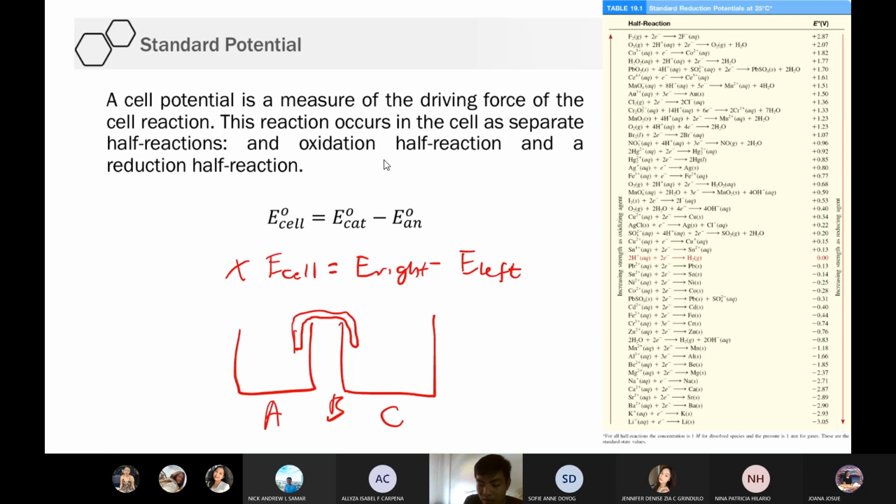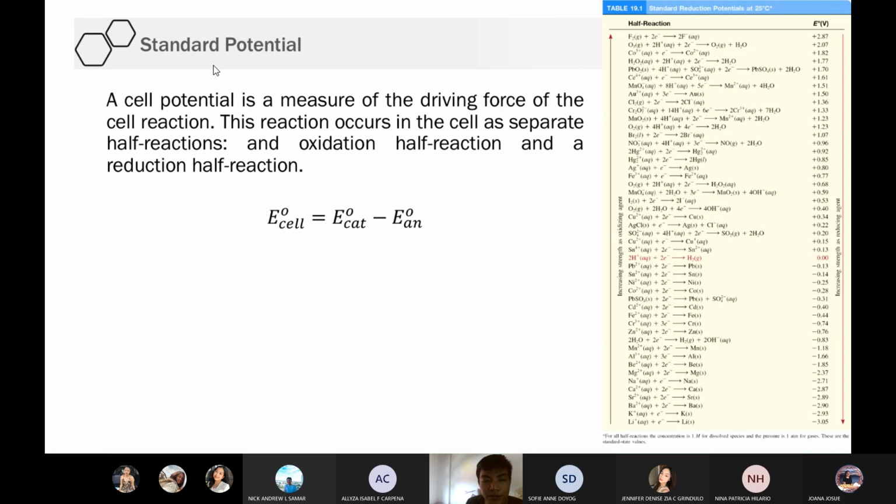Baka kasi mamaya, yung right pala, anode yun. Yung left, cathode. So, baka magkamali. So, mas maganda ito para mas alam nyo yung nangyayari. Okay? So, again, the equation for obtaining the cell potential is E cell equals E cathode minus E anode. E cat minus E anode. Or right minus left.